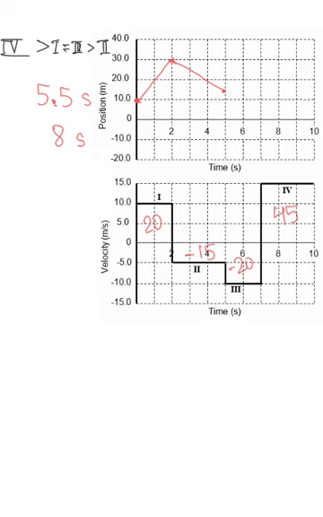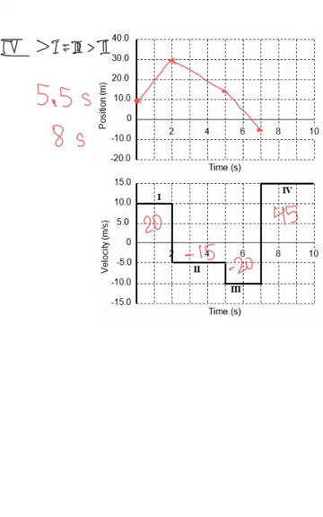And then in the next part of the graph, it goes down by 20. So if it's at positive 15 right now, to go down by 20, it'll take it down to a negative 5 over the course of the next 2 seconds. So at the 7-second mark, it will be at negative 5. So we're going to put a dot right there. And we'll connect those 2 dots with a straight line.